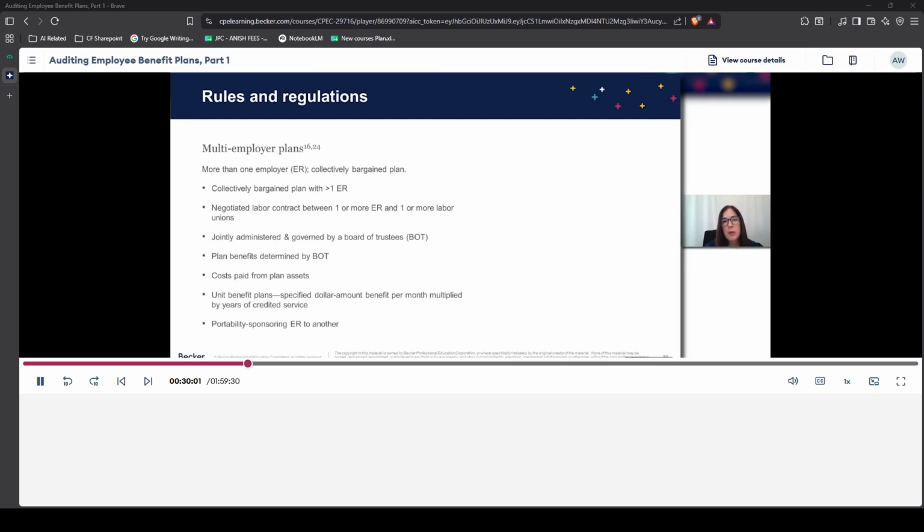Your multi-employer plans become a little more difficult. With the multi-employer plan, again, you have more than one employer participating in a multi-employer plan. And there's generally going to be a union contract, that collectively bargained agreement between the employers and the employees.